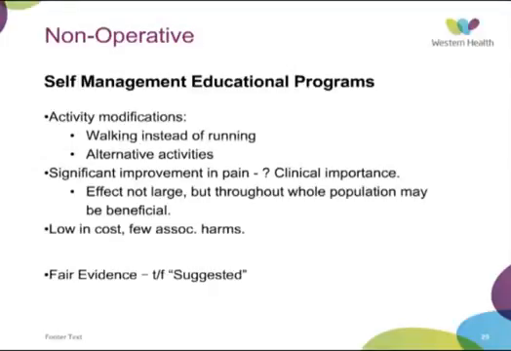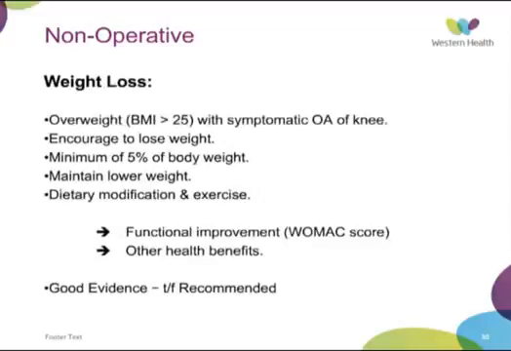There's not really any harm associated with it, so they suggested that this is a good thing. Weight loss, I found that there was good evidence with regards to this, and they recommended that patients who are overweight, so a BMI of greater than 25, and had symptomatic arthritis of the knee, should lose weight, or be encouraged to lose weight.